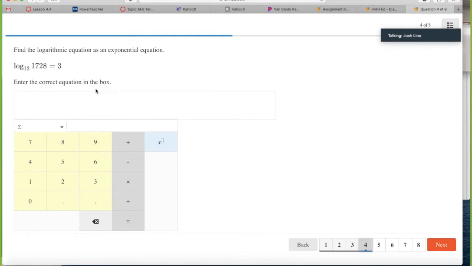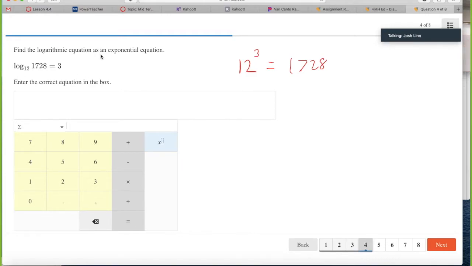So again, this time we have the log, we have to turn it into an exponential. So log base 12 of that number. These you can always check with your calculator too if you wanted to.